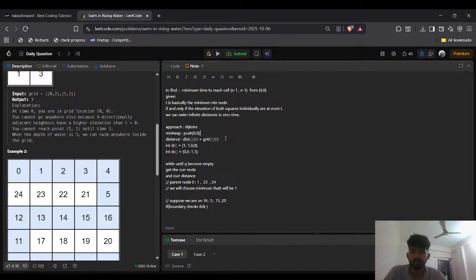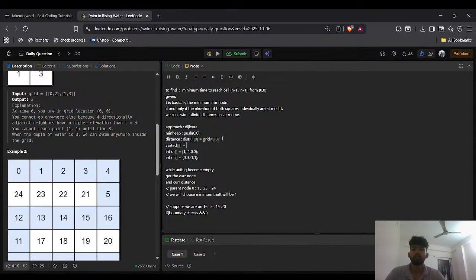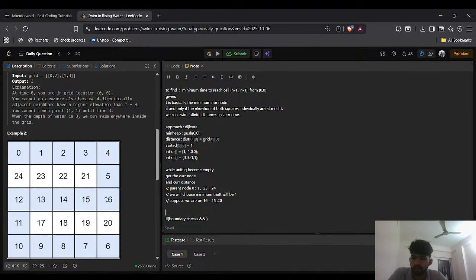So of course we need to maintain a visited array, and initialize 0 as visited. 5 is not an option because we are not handling the parent. Now we check the boundaries.